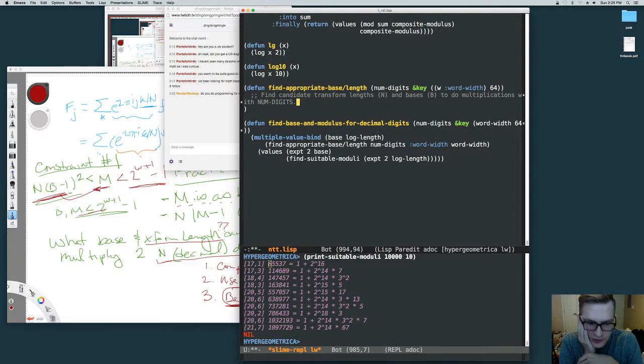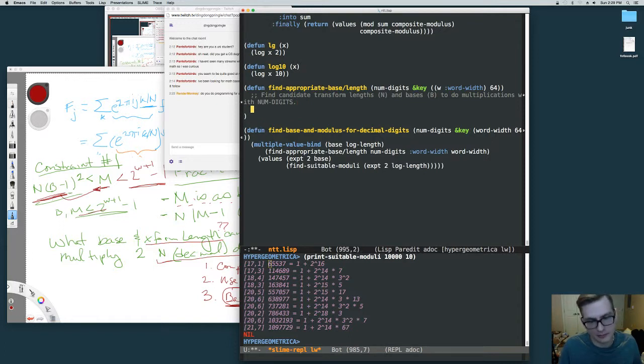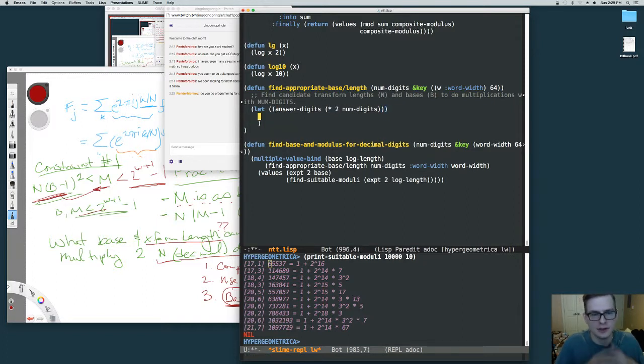So the result, like I said earlier, of a multiplication of two num digits numbers is going to be twice that. So let answer digits be 2 times num digits. This is the number of decimal digits that would be in the result, plus or minus. 2 times num digits is definitely an upper bound, I believe.